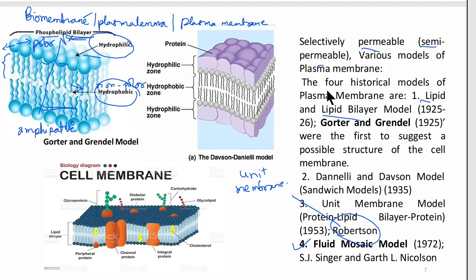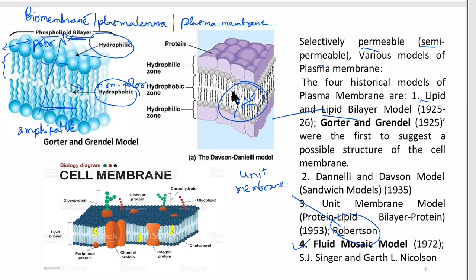Later Gorter and Grendel in 1925 were the first to suggest the possible structure of the cell membrane.